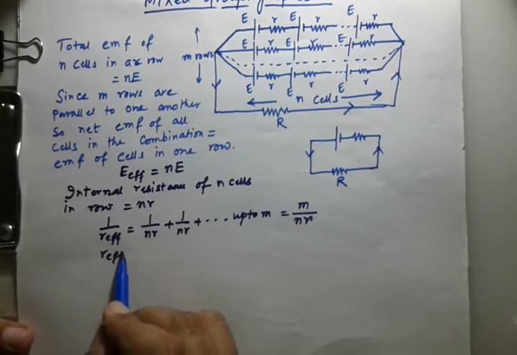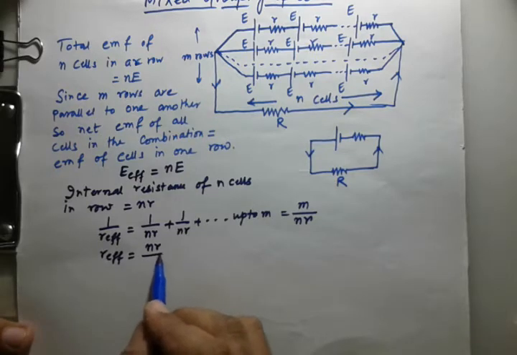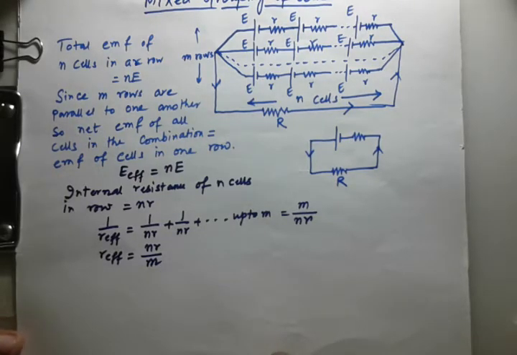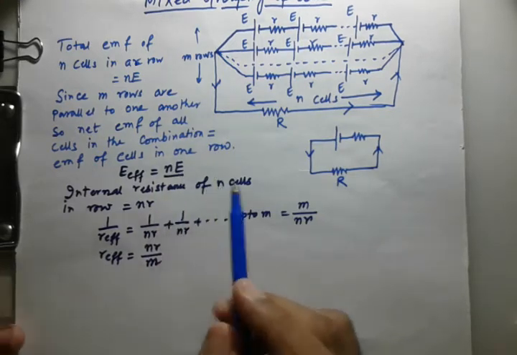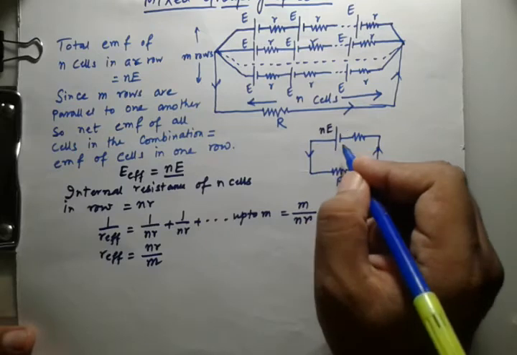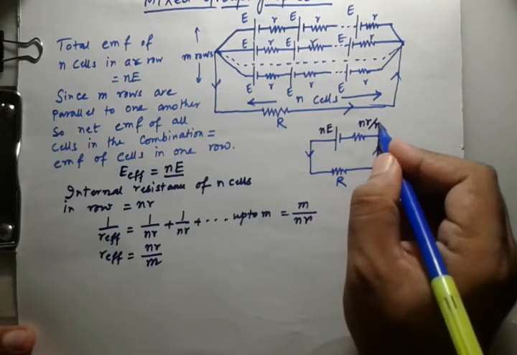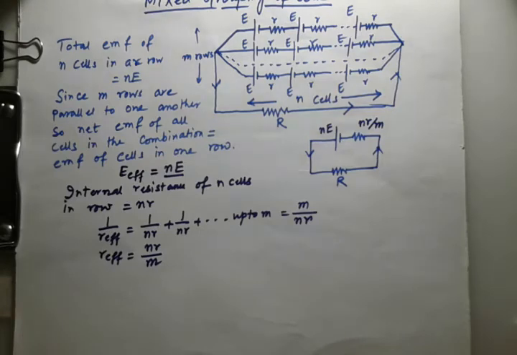So R effective is equal to nr by m. So you can write it here: this will be nE, and it will be nr by m. Okay, so this is the thing.